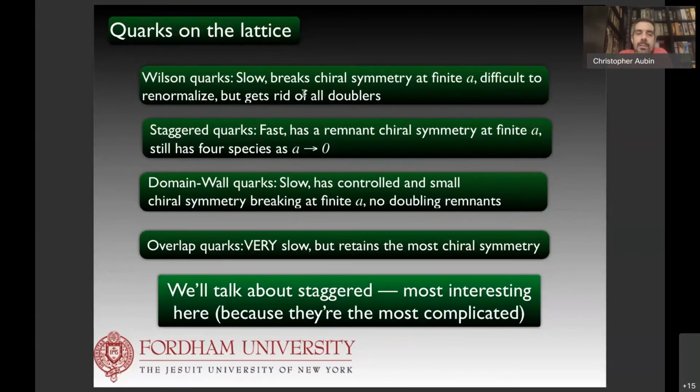They're actually a lot faster than most other methods to simulate. They have a remnant chiral symmetry at finite lattice spacing, which is a good thing. But there are still 4 remaining species in the continuum limit, which is not good. The other two methods, domain wall and overlap quarks, are much slower, but they're very good theoretically. They're really nice with the chiral symmetry and getting rid of all the doublers. But let's talk about staggered quarks, because as I said, those are the most interesting for sure.